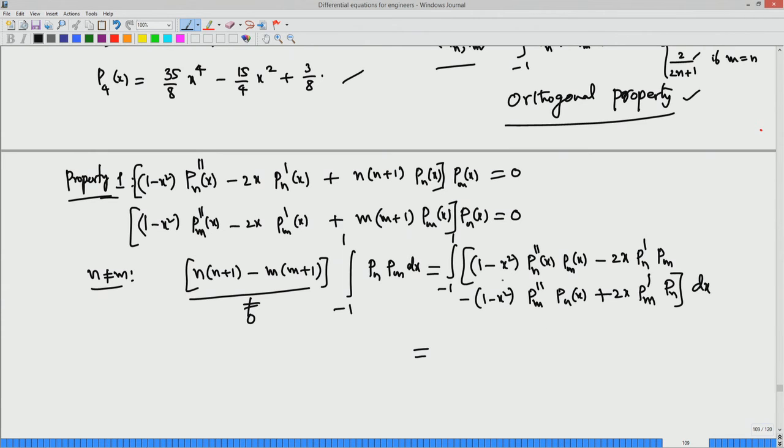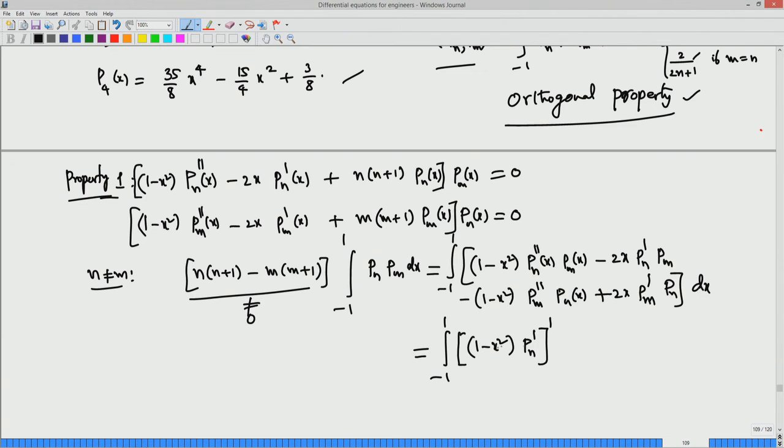So I can rewrite this as the integral from minus 1 to 1. The first two terms I can write as 1 minus x square Pn dash, whole dash. What is this one?